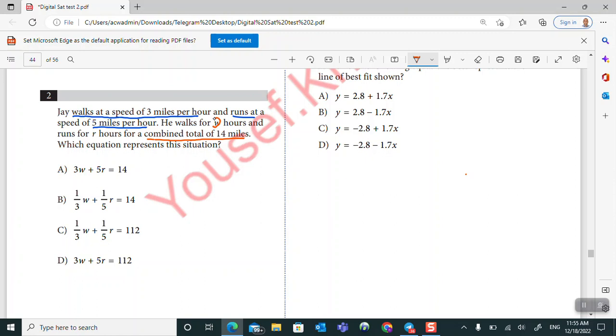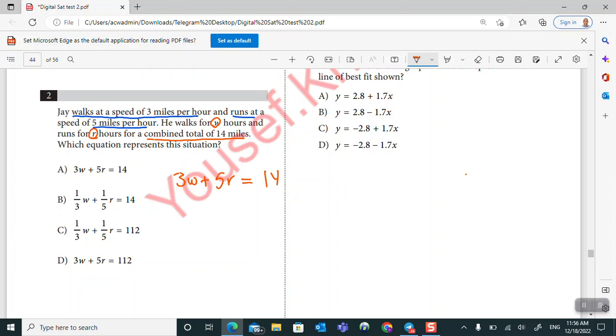W for the hours he walked and R for the hours he ran. So 3W plus 5R is equal to the 14 miles that he walked plus ran.